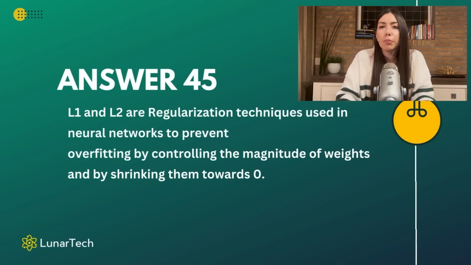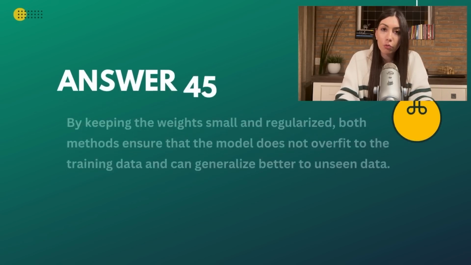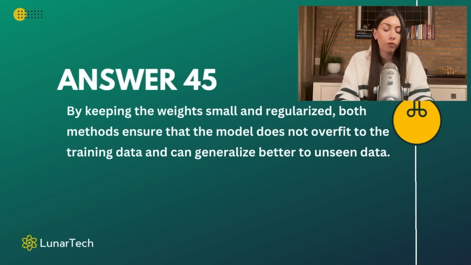You might be wondering, how does this help to prevent overfitting? Well, when you shrink the weights towards 0 and you regularize these small or large weights, methods such as L1 or L2 regularization ensure that the model doesn't overfit to the training data. You regularize the weights, and this in turn regularizes the network, because the weights define how much of this erratic behavior will be prevented.